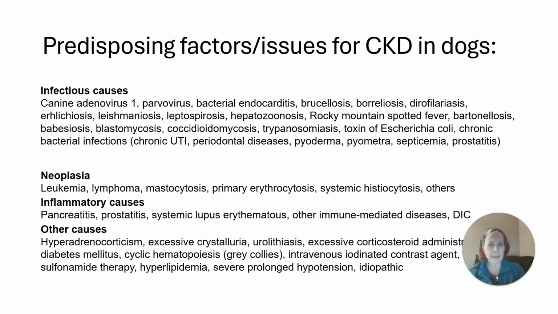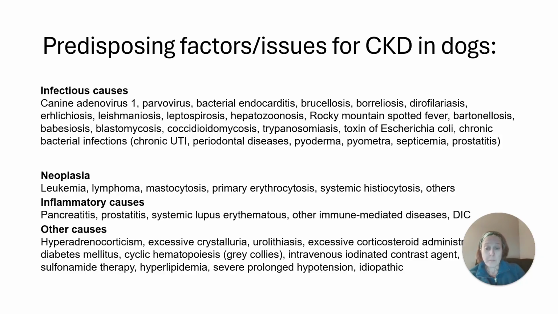Parvo's among that, adenovirus, babesia, Rocky Mountain spotted fever, lepto, trypanosoma, E. coli, chronic UTIs, also different types of cancers, leukemias, lymphomas, histiocytosis, overwhelming inflammatory disease, pancreatitis, prostatitis, immune-mediated diseases, DIC, as well as a boatload of other causes.